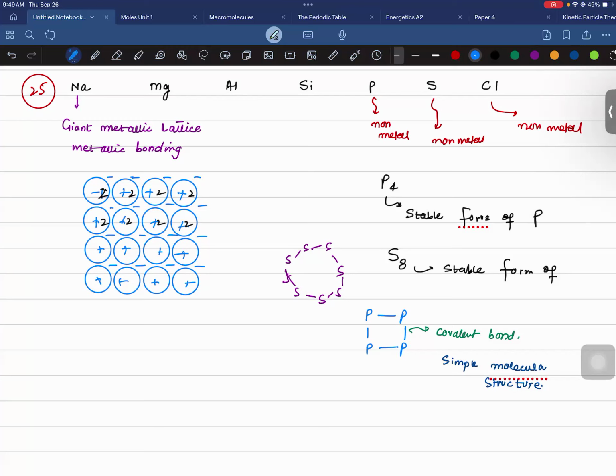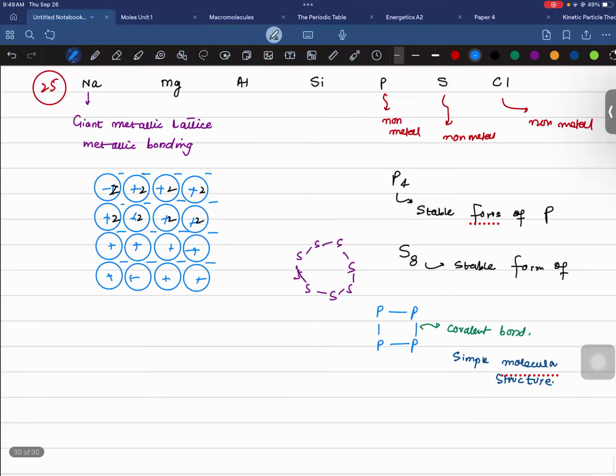And then these are the bonding and structures of different elements as we go from left to right. Are you getting my point? Sulfur also exists in the form of S8, and this has covalent bonds, which means it also has a simple molecular structure.